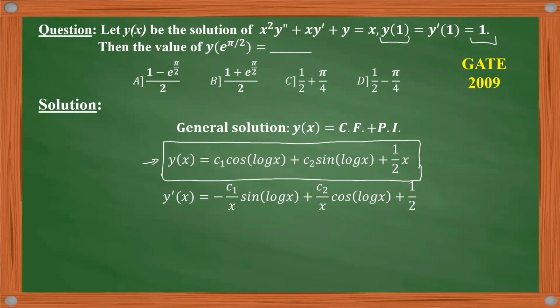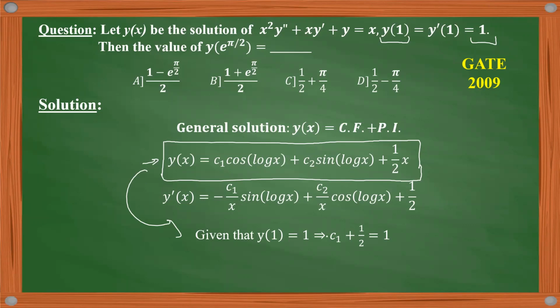So this is our differentiation of the general solution. Now we can use both of these conditions. So first let us use our first condition, that is y(1) is equal to 1. So just put x is equal to 1 in this equation. So we will get c1, because if we put here x is equal to 1, then log 1 is 0 and cos 0 is again 1.